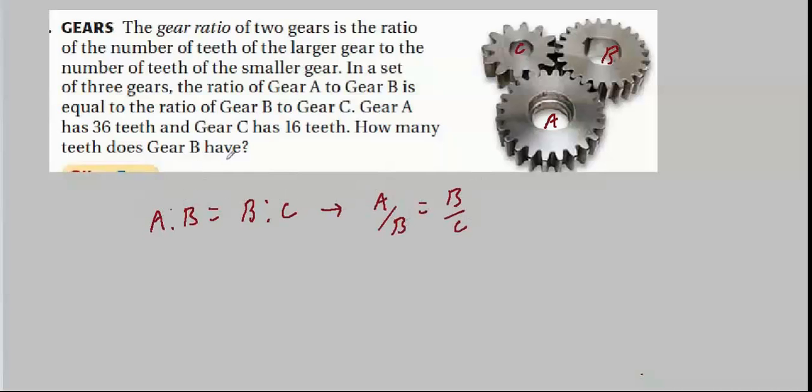Now, remember, the product of the extremes equals the product of the means. So we could start with that and write that B squared equals AC. But aren't we given actual numbers for A and C? Yeah, 36 and 16. So we can put those numbers in down here.